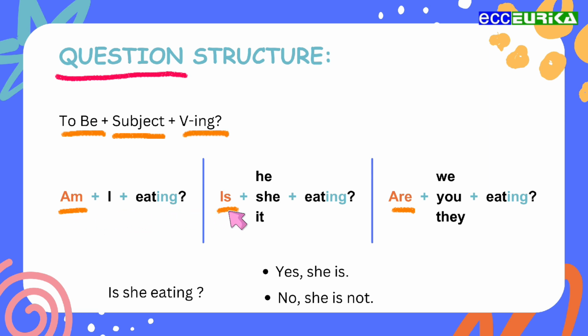Or is she eating? Or are they eating? And of course, you can answer with yes or no. For example, is she eating? The answer is yes, she is, or no, she is not.